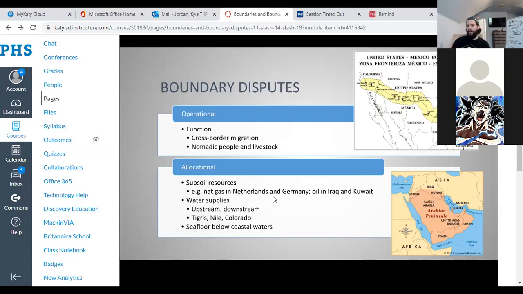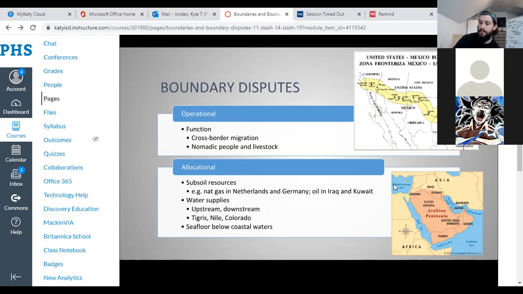I can't remember. And then there's also oil, oil fields that can basically stretch between Iraq and Kuwait, right? And Iraq actually went in and attacked Kuwait over this allocational dispute. This is the boundary dispute that can lead to large wars.